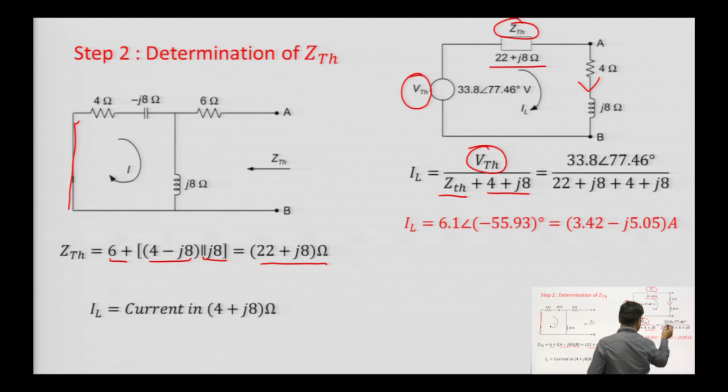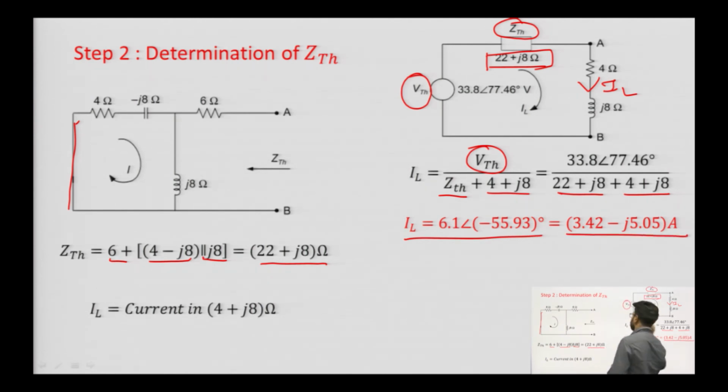Then ZTH is 22 plus j8 ohm, then we have 4 plus j8 ohm in which we need to find out the current, which we have defined as IL. So, we will get the value of IL as 6.1 at an angle of minus 55.93 degree in polar coordinates, and in rectangular coordinates we will have 3.42 minus j5.05 ampere.